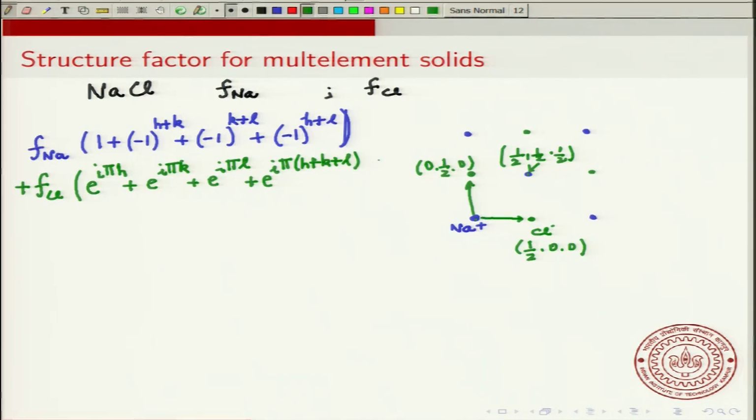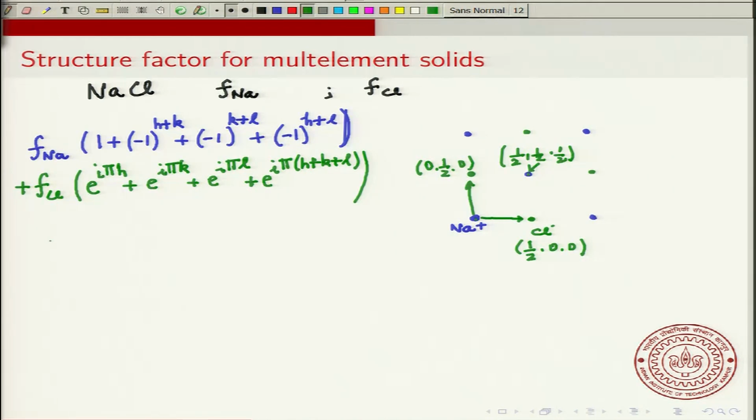And this whole thing is multiplied by the form factor of chlorine. You can analyze this for different values of h, k, l, and you can find out what the peak will be.